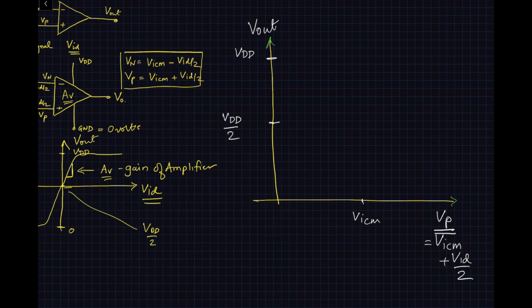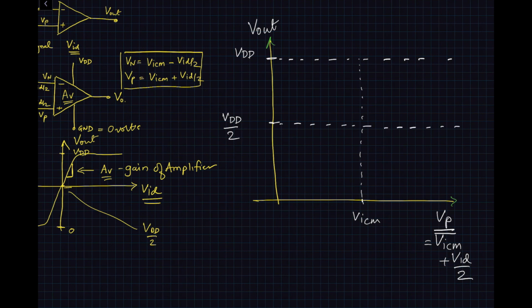So Vp is given by Vicm plus Vid by 2. Hopefully you were able to figure out how the transfer characteristics is going to look. So we are just going to draw a few things here as a reference for you.